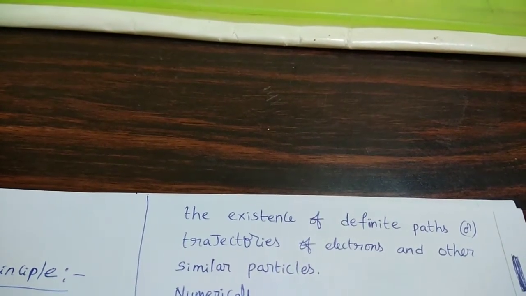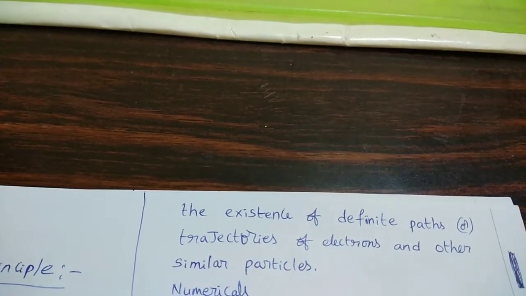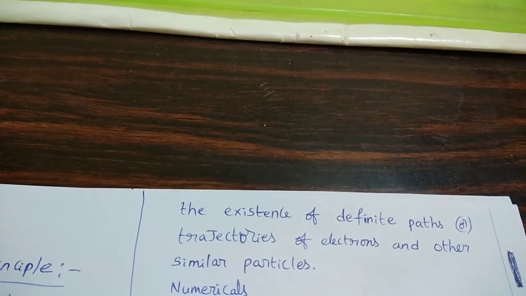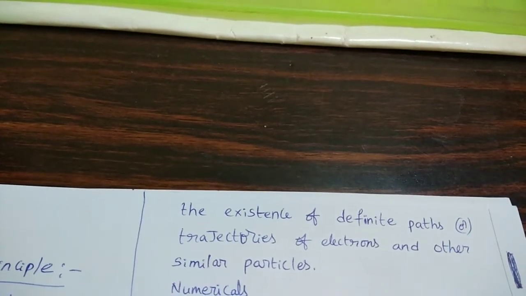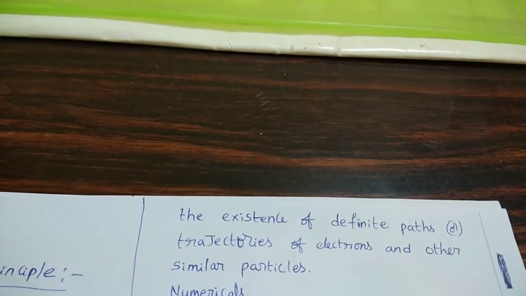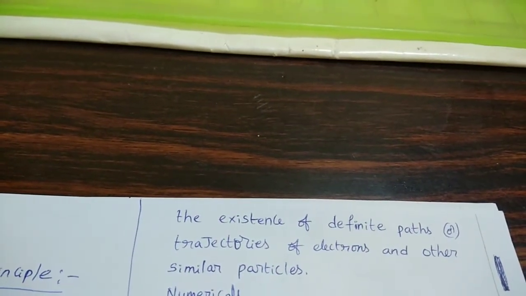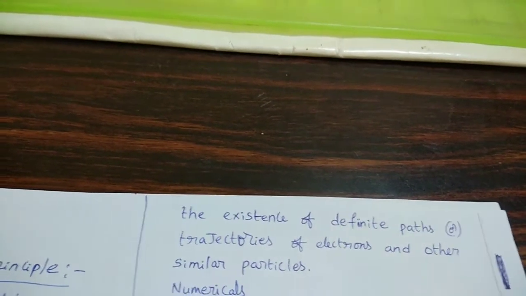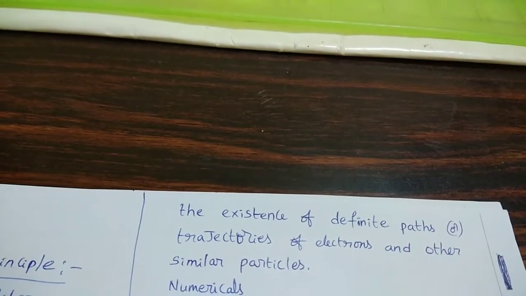But after the proposal of this uncertainty principle, that type of definite path is not possible because we cannot determine the moving electron's position exactly. That's why we cannot predict the exact circular path of the electron. That is nothing but circular orbits are not possible.